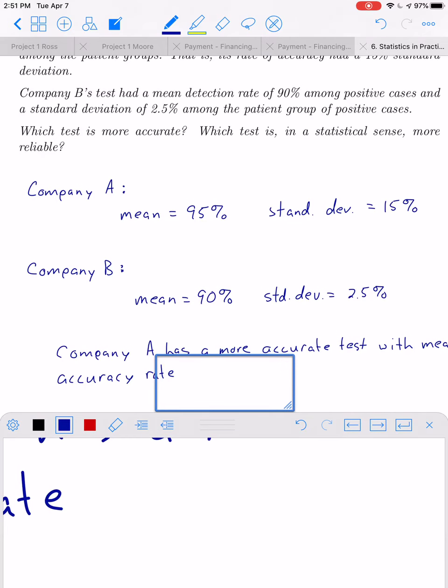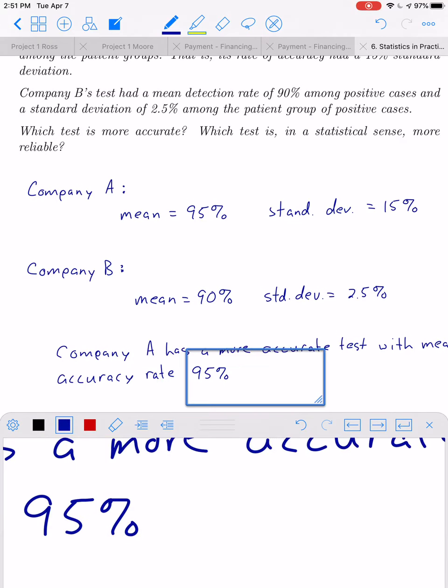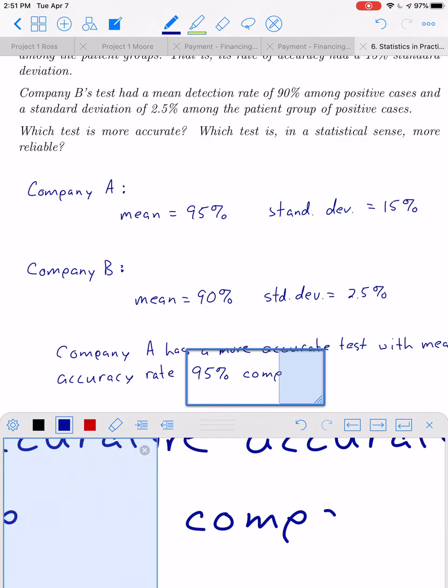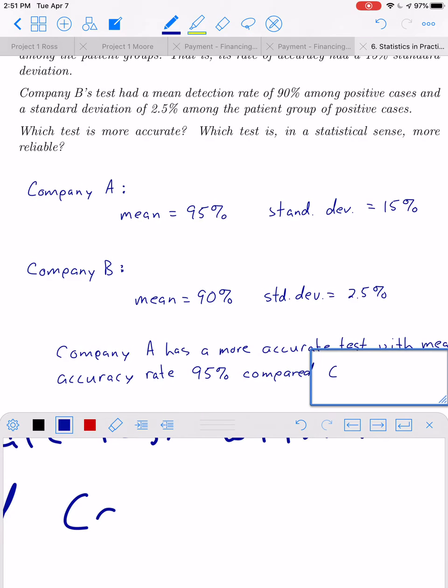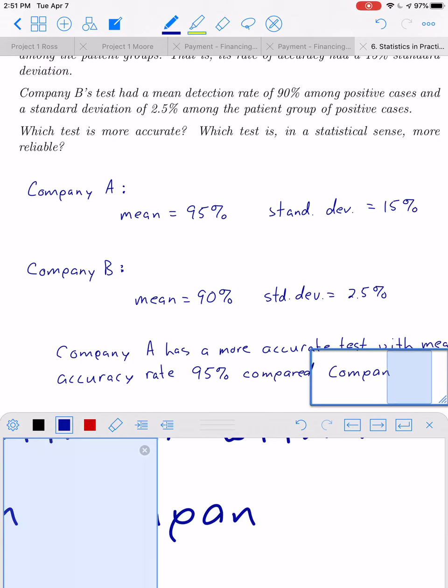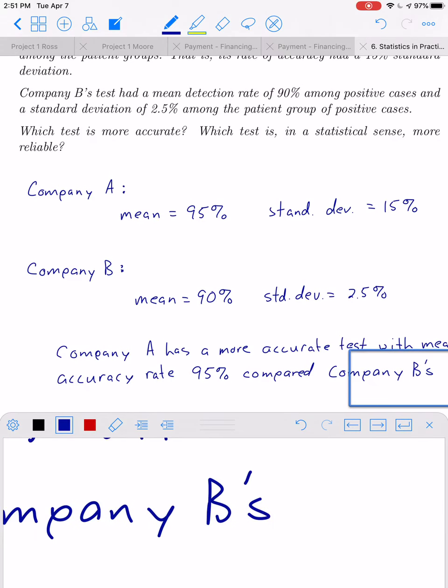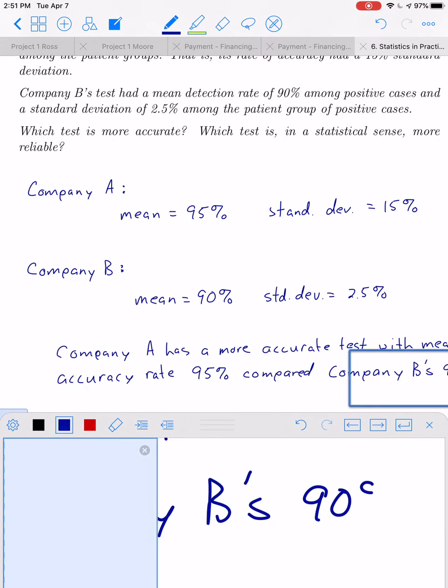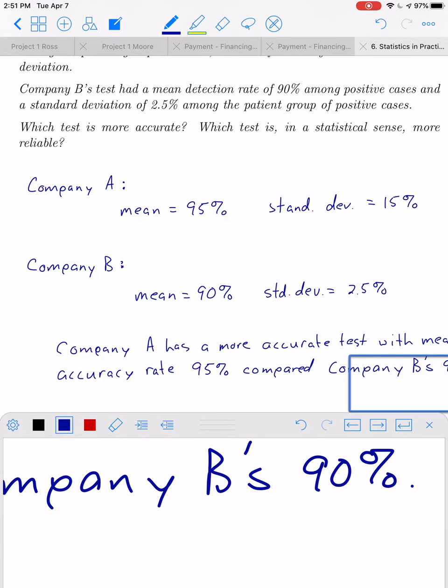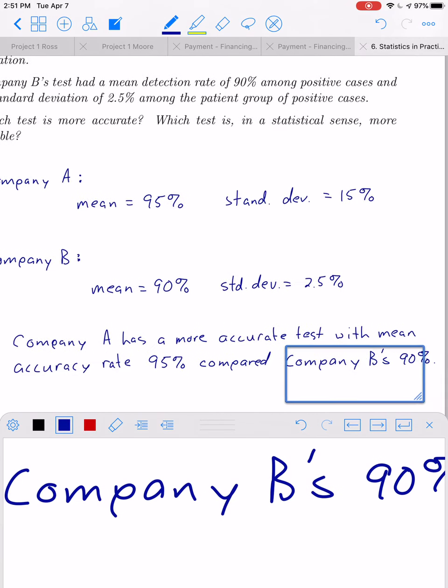It's a relative frequency, by the way, 95% compared to company B's 90%, right? 95% is higher than 90%, so it's a slightly better accuracy rate than company B.